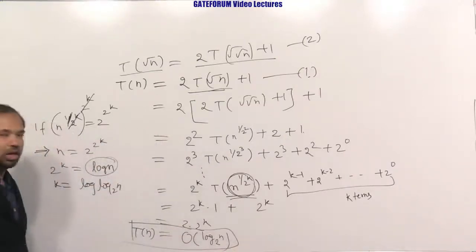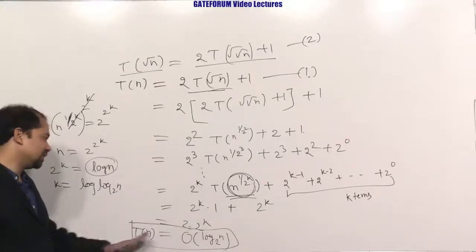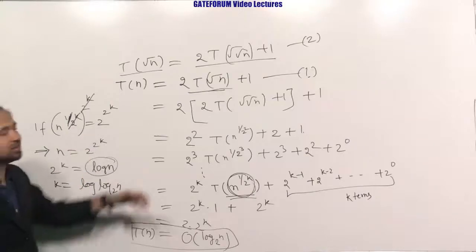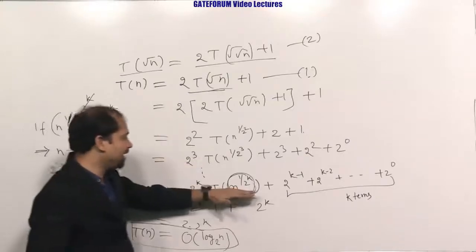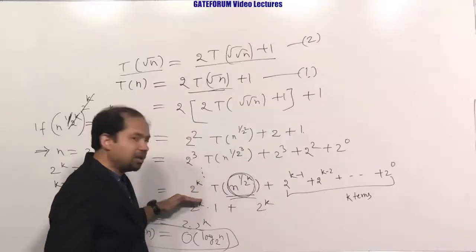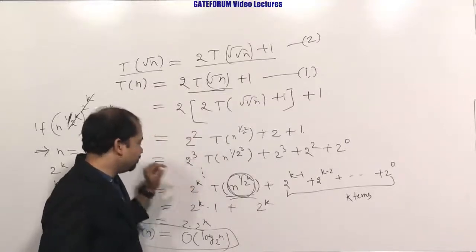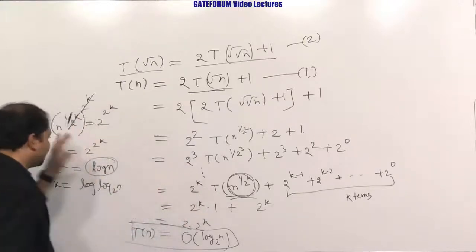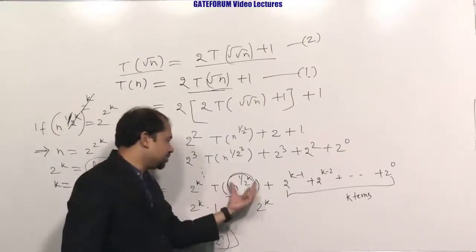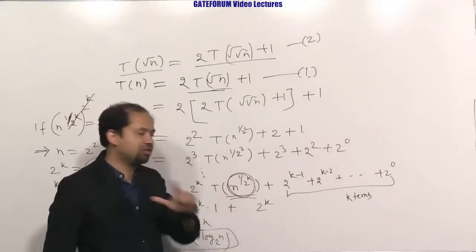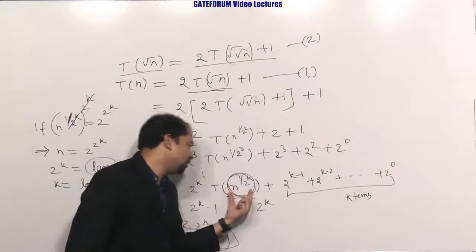So you can solve like this. This is the answer, and this is a simple method. You just have to use basic mathematics. We iterate and reach k and extrapolate this for 2, 3, till k, and then we have to find the value of this k. So k is expressed in terms of n. If we reach the base case, when n is less than or equal to 2, the whole thing will be 2.